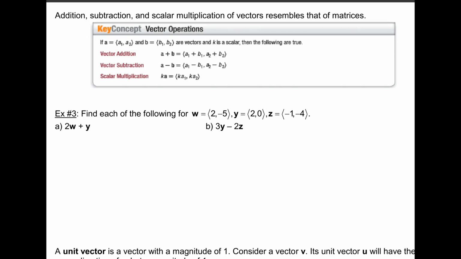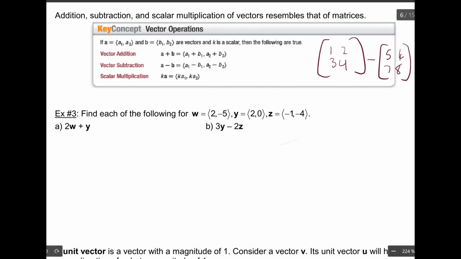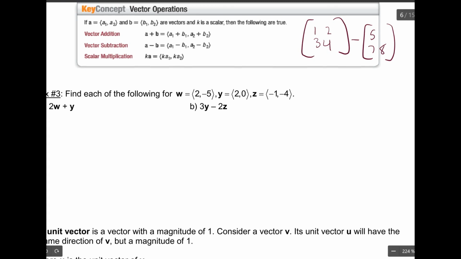If I'm doing vector subtraction, you subtract the x's, you subtract the y's, it's just like a matrix. I'm so confused. Because now I'm going to think this is a matrix. I'm showing an example of how this is basically like matrices. So I can make the matrix 1 minus 5, 2 minus 6, 3 minus 7. Do you see how they all line up with each other?